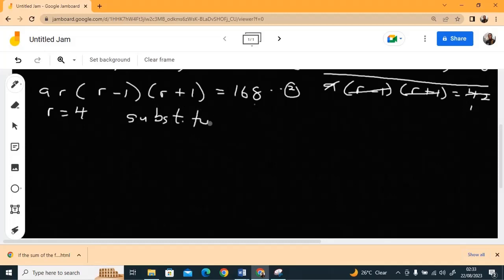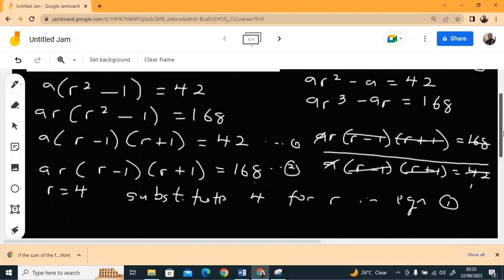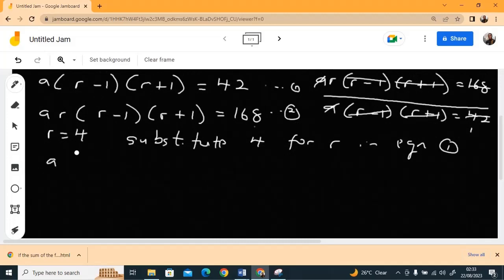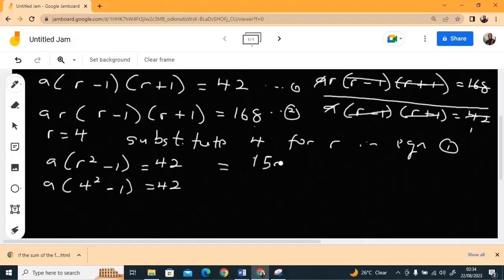Equation 1 is a(r squared minus 1) equals 42. So I substitute 4 for r in equation 1: a(4 squared minus 1) equals 42. 4 squared is 16, 16 minus 1 is 15, and 15 times a is 15a. So 15a equals 42.